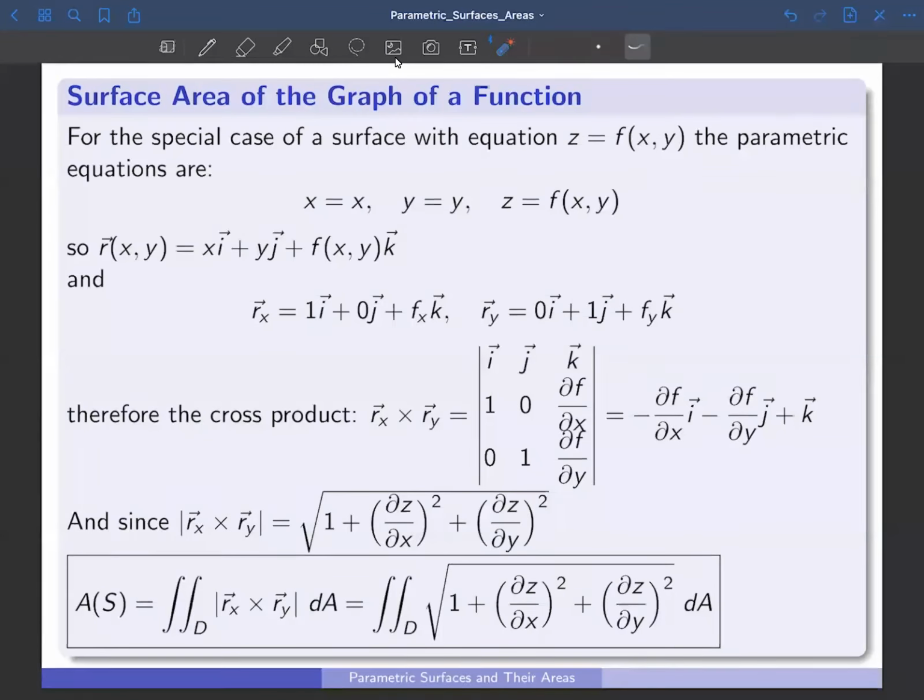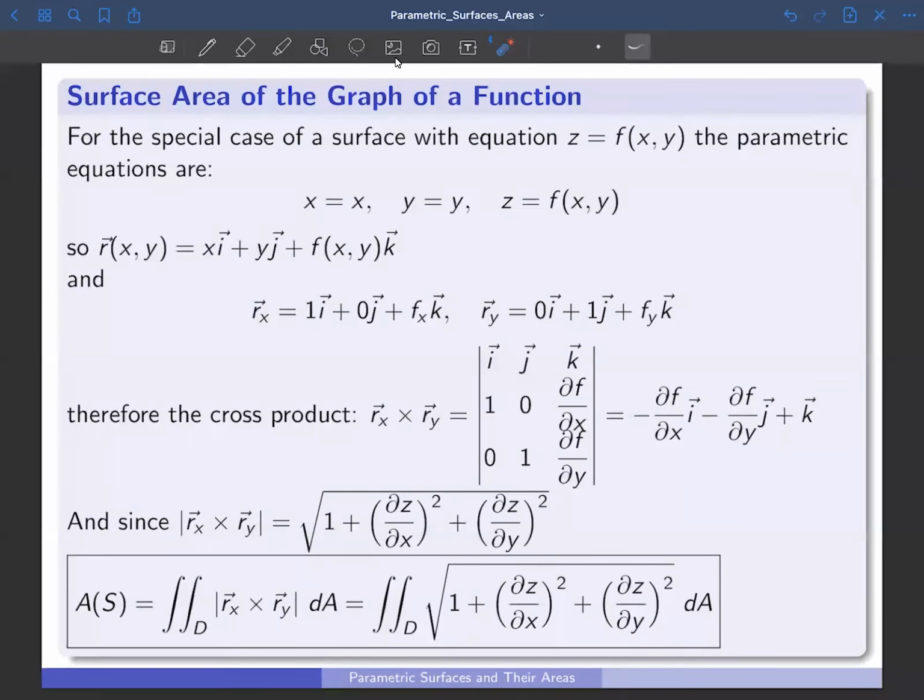And if we take the partial derivatives of the vector function with respect to x, we'll have the partial derivative with respect to x of x, which gives us 1 times the vector i, plus the partial derivative of y with respect to x, which will give us 0 times the vector j, plus the partial derivative of f with respect to x times the vector k.